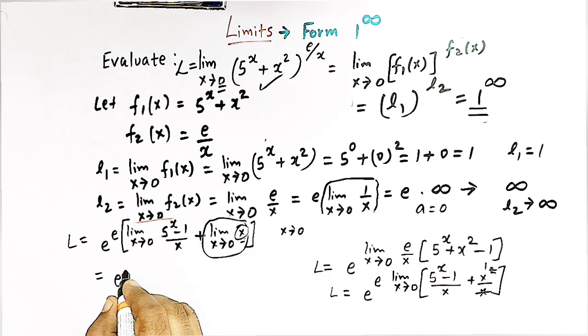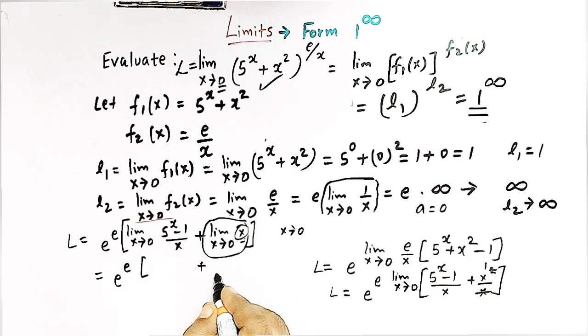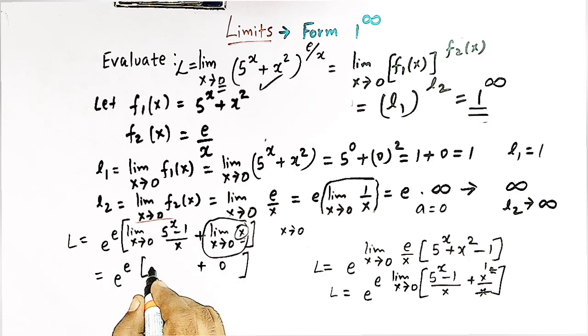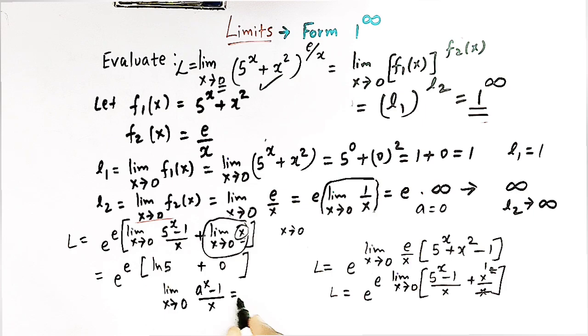Now this limit is equal to 0, because when x tends to 0, this x also tends to 0. So we have e raised to e times, and this limit is simply equal to natural log of 5, because we know that limit x tends to 0 of a raised to x minus 1 over x is equal to natural log of a, provided a is greater than 0.